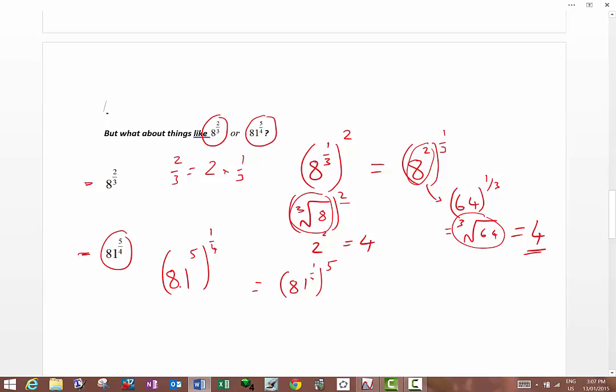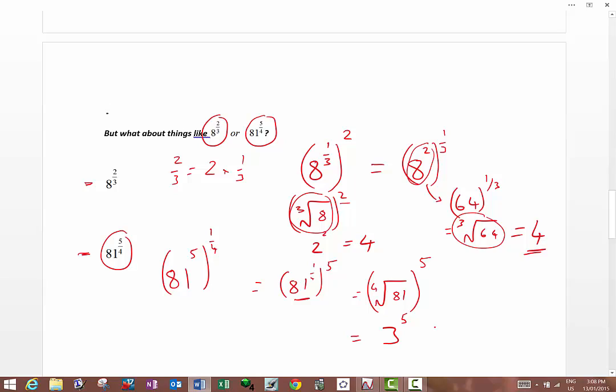Now I could work out what 81 to the power 5 is if I had a calculator, but I don't, and this is not something I particularly want to do. However, I know that 81 to the quarter just means the fourth root of 81. So it's the fourth root of 81, to the power 5. And you should know that the fourth root of 81 is the number that multiplies by itself 4 times to give 81, and that is 3.